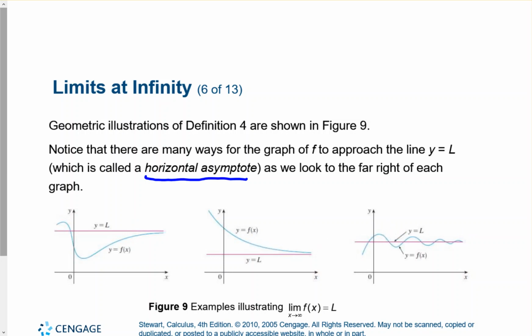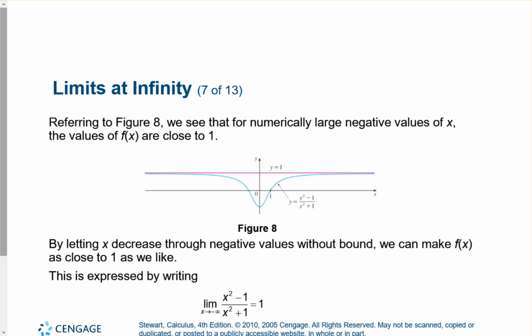And notice for horizontal asymptotes, a lot of times you can cross them, and it's not always the case with vertical asymptotes. You could cross over the asymptote, and it's not a problem. For that earlier example we did, it looks like this is approaching y equals 1, and that would be our horizontal asymptote.